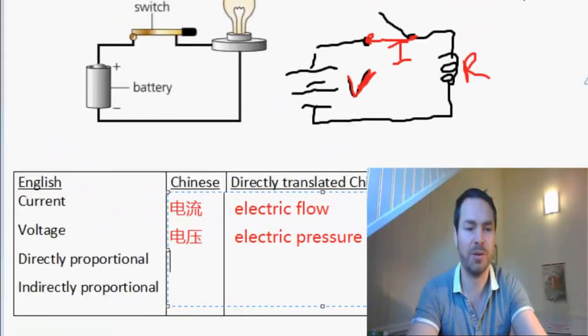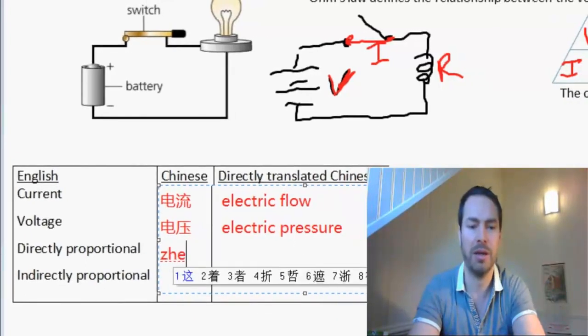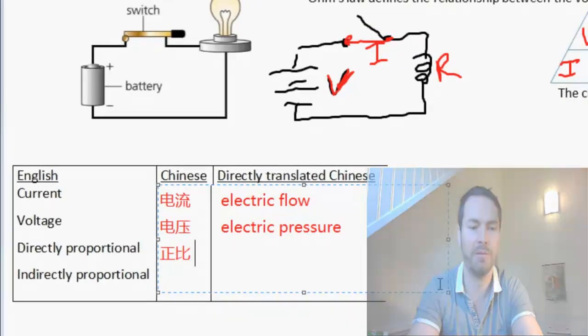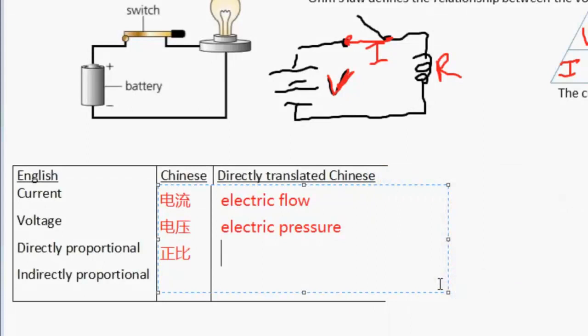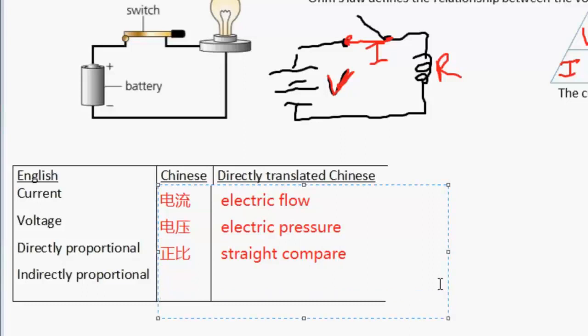Now, to try and explain the concepts of directly and indirectly proportional, we have Zhengbi, which is simply straight compare, and Fanbi, which is simply opposite compare.